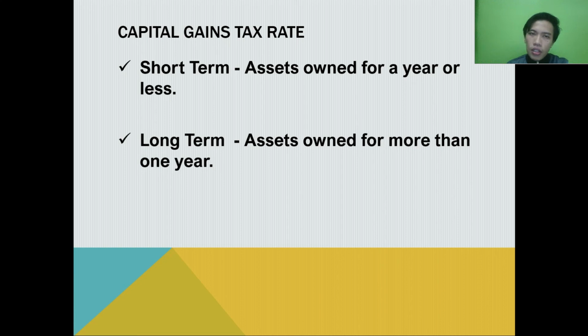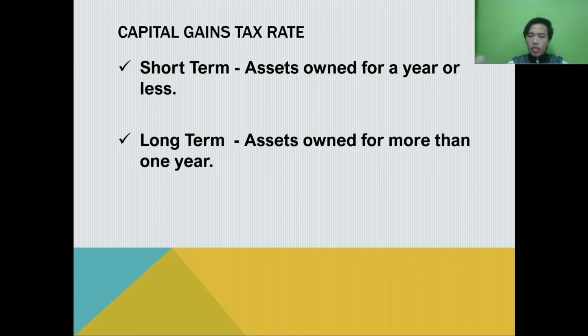So the capital gain tax rate for the short term, for an asset owned for a year or less: for example, profit from the sale of a short term asset is taxed at the same rate as our regular income.